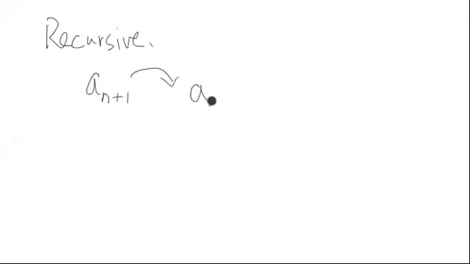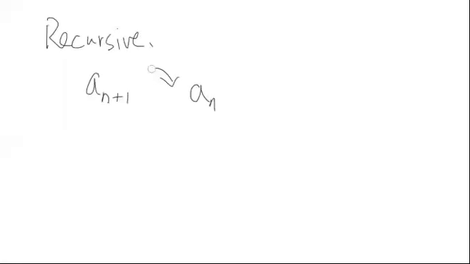Let's take a look at a sequence definition, which is recursive. That means that we're given information on how to go to the next term of the sequence that depends on what a previous element of the sequence was, a sub n.